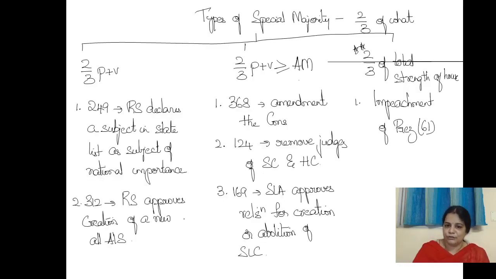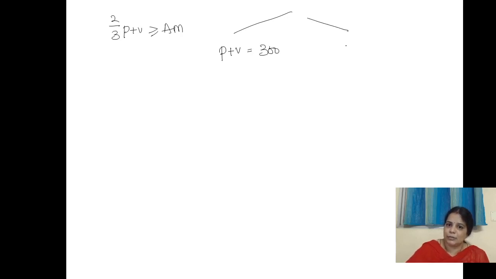Now I know many of you will not be clear about this, so before I wind off, I'll give an example for this also: 2/3 present and voting greater than or equal to absolute majority. Imagine on a given day, we take two scenarios where the number of people present and voting is just 300, and on another day the number of people present and voting is about 500.